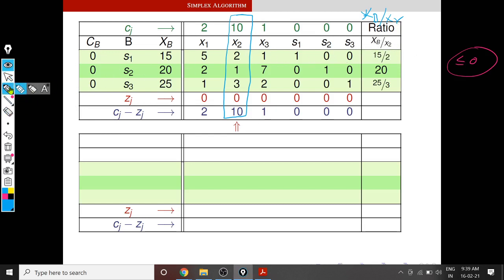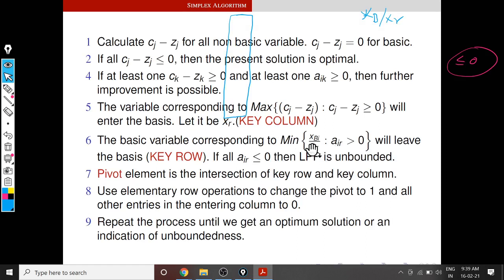This ratio is taken only corresponding to the positive entries in the entering column.